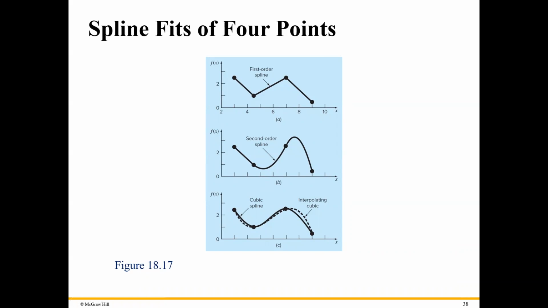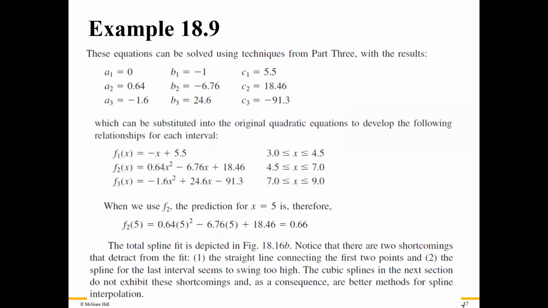So in this case the second order spline is not giving us a very accurate result. The total fit of the spline is shown in this figure 18.16b. Notice that there are two shortcomings that detract from the fit: the straight line protruding from the first 2 points, and the spline for the last interval seems to swing too high.